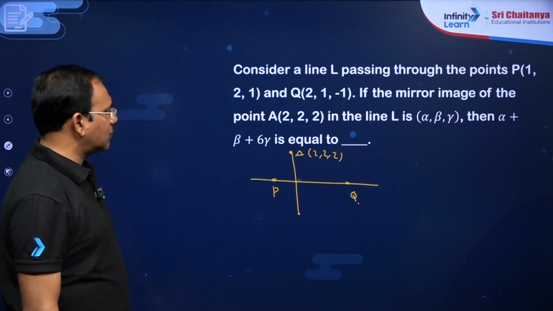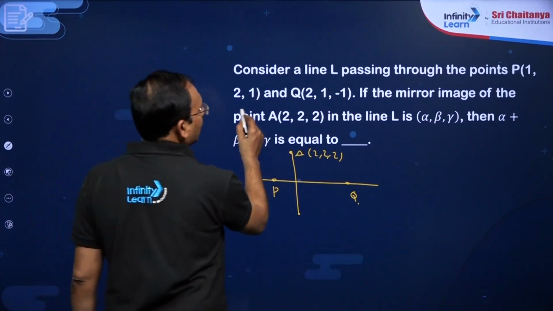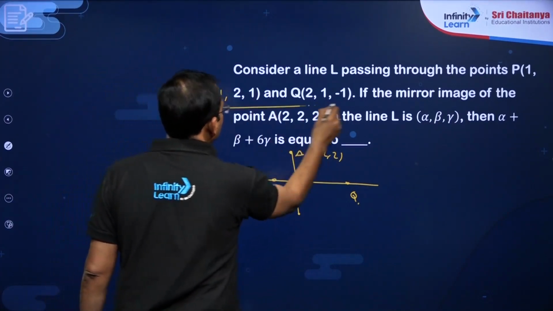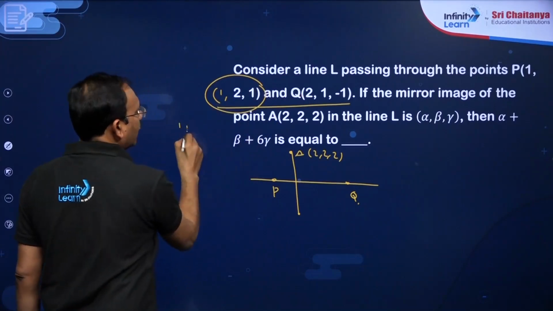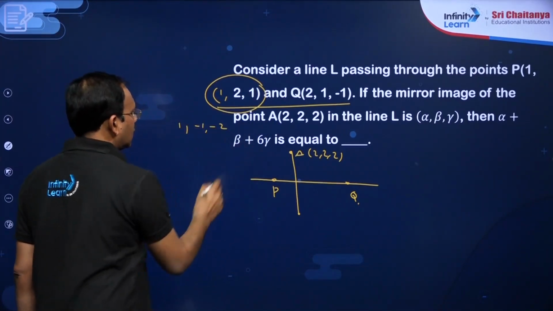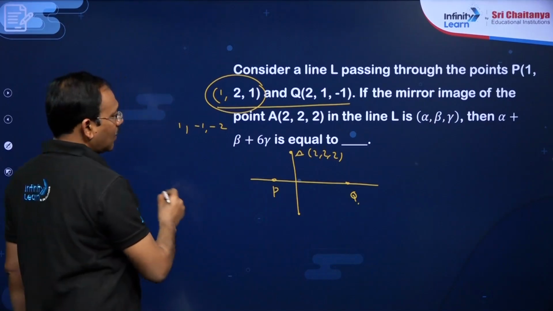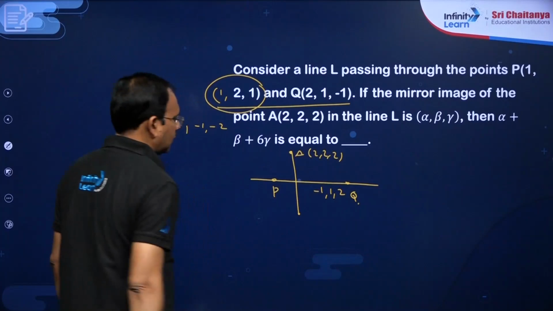So, I told you, dear students, you have to take the general point. You see, general point on the line passing through 1 2 1 and this point. So you can take one of the points as 1 2 1, drs 2 minus 1, 1 minus 2, minus 1 minus 1 is minus 2. That means drs of this line must be minus 1, 1, 2, you can write.